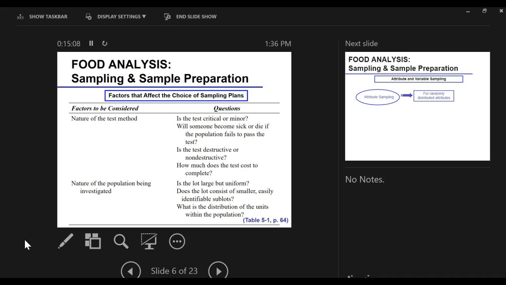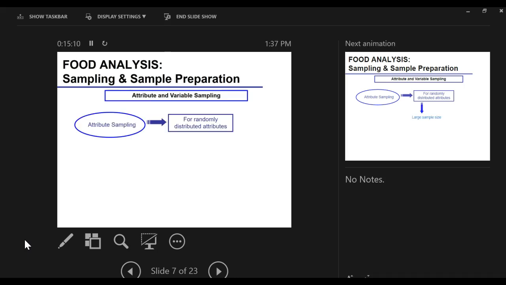Okay, two last things before I let you go: the difference between attribute sampling and variable sampling. Attribute sampling is for randomly distributed attributes. That means attributes that are not homogeneously distributed throughout your product.